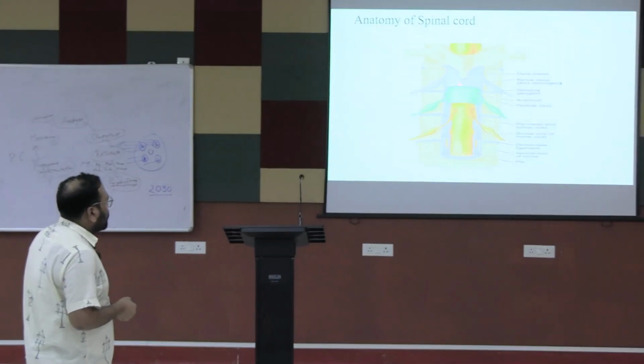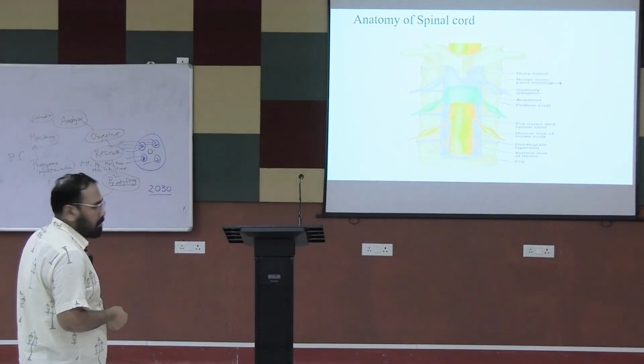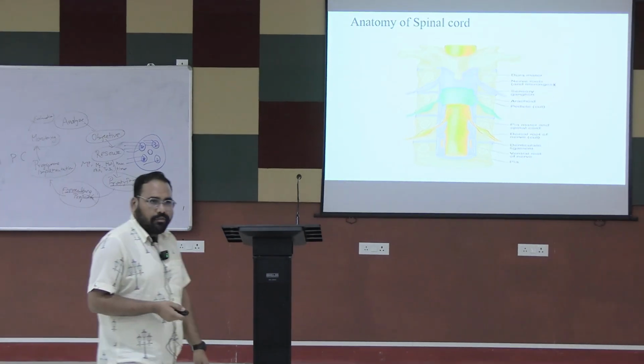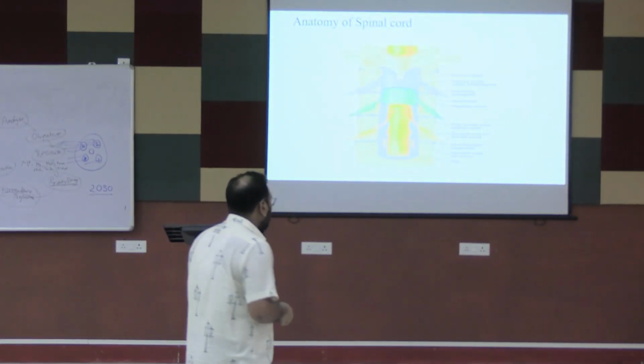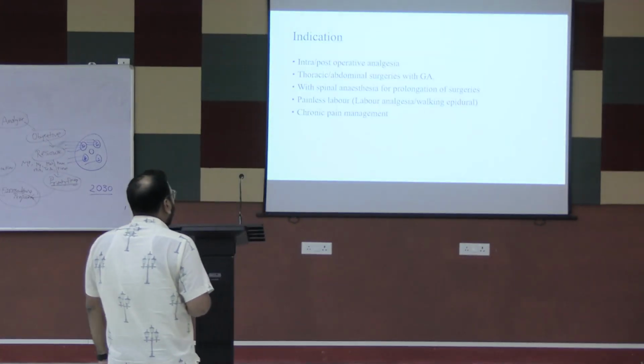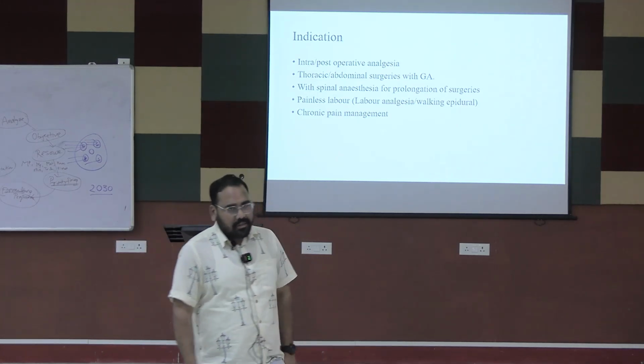Now above the dura mater, there will be one ligament, that is called ligamentum flavum, and the space in between is called the epidural space. So we use that epidural space for giving anesthesia.